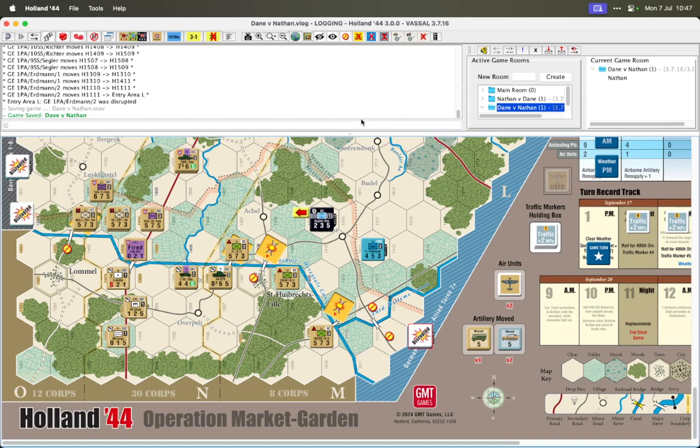I didn't like the Normandy one. I hardly ever play any Battle of the Bulge games, so I just never was interested in the Ardennes one. People love it. People say it's a lot like the Holland one because it uses traffic. I might buy it someday. I might not. You don't need to buy them to play them online. Right. France 1940, I've got the second edition of that. I've never played it. Would love to play it.